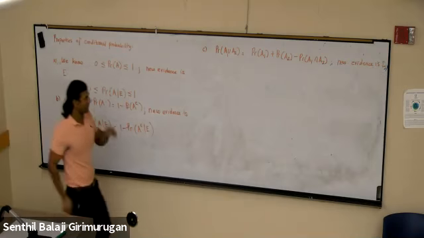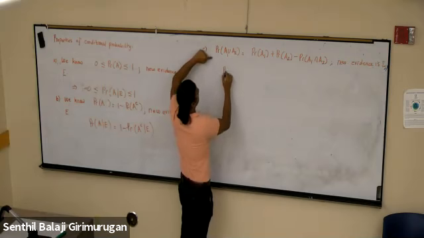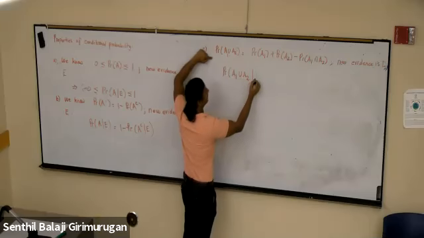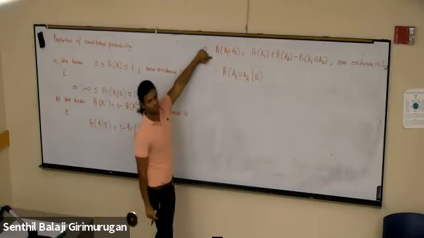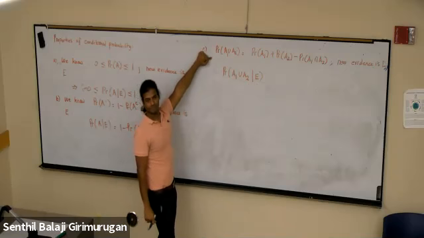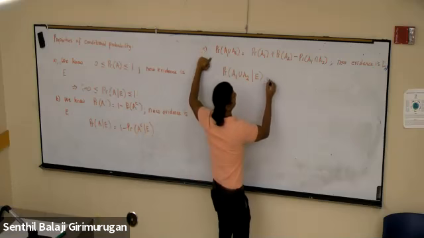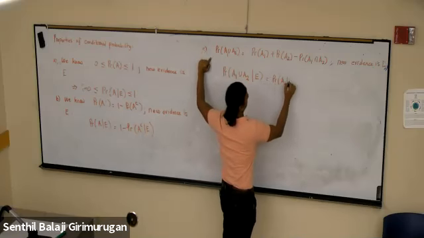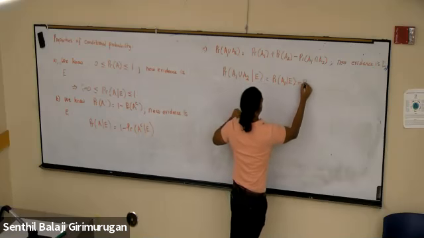In other words, I'd like to find the probability of A1 union A2 given E. Would you just put the given E on each of the three parts? That is correct.